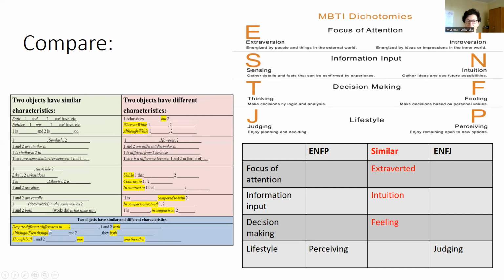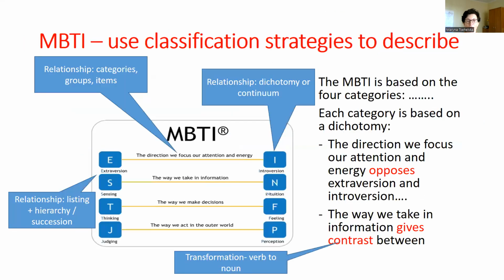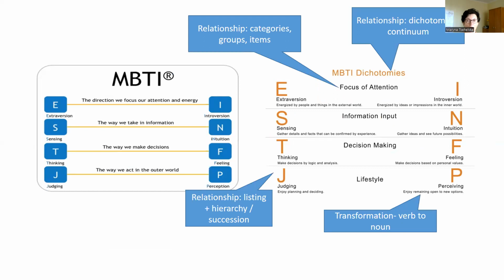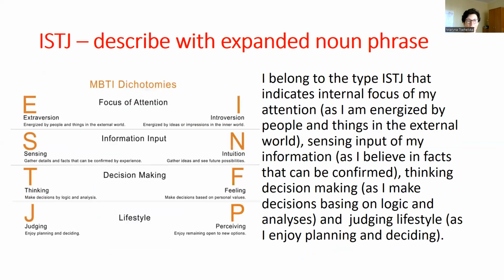So we can say that despite differences in the lifestyle, both ENFP and ENFJ are similar in the focus of attention, information input, and decision making. So today we have revised the classification tables. We learned how to find out the relations inside the table.